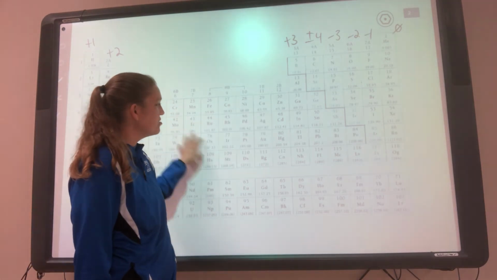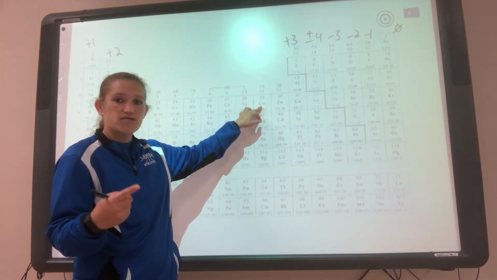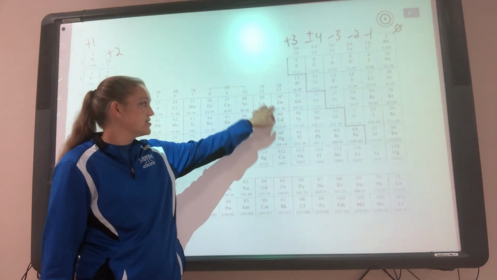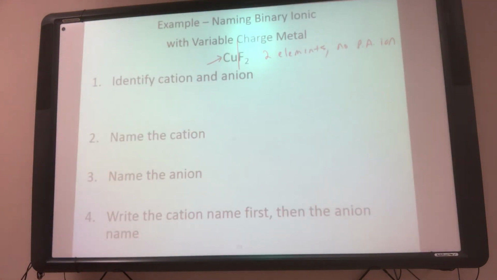He's a transition metal. So since he's Cu, that tells me he's a metal. Okay, so now I know it's an ionic compound, and since he's a transition metal, I know it's a variable one. So now I know this whole thing is going to be ionic. And because he's a transition metal, I know that it's a variant or variable metal.